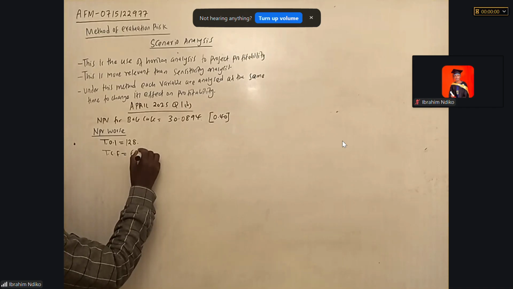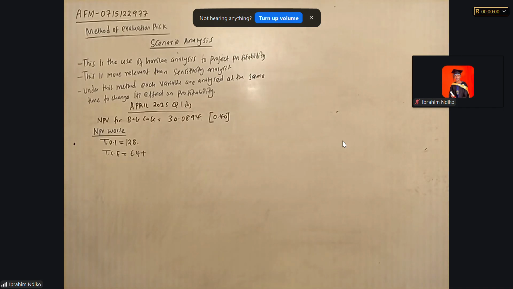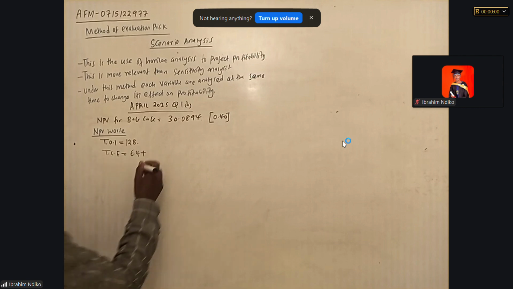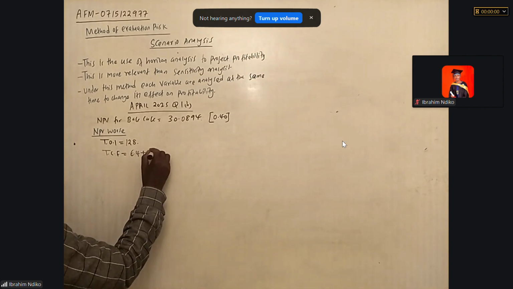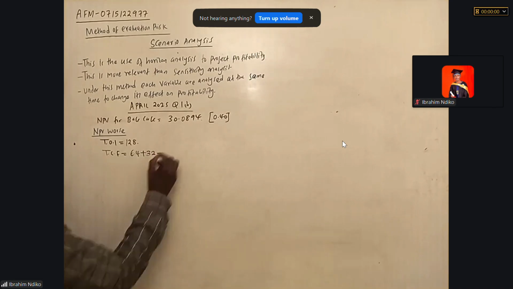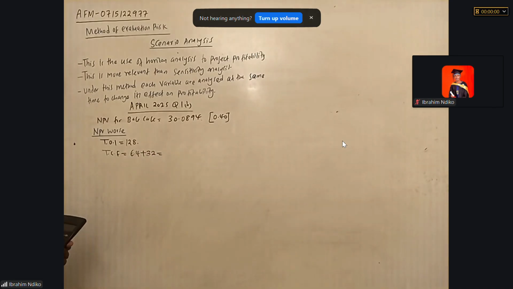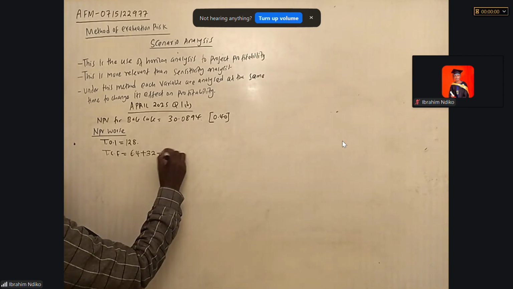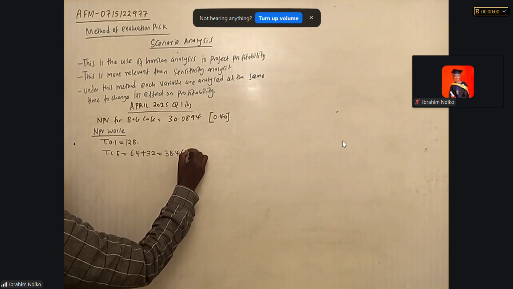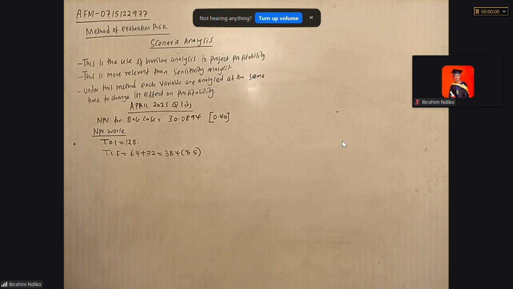Then we are supposed to add the salvage value of that machine. The salvage value itakuwa the same kwa sababu hatujapatiwa ingine. Tumepatiwa salvage value ya 32 million. So kwa hiyo itakuwa ngapi total? So 32 plus 6.4. Tuko sawa?